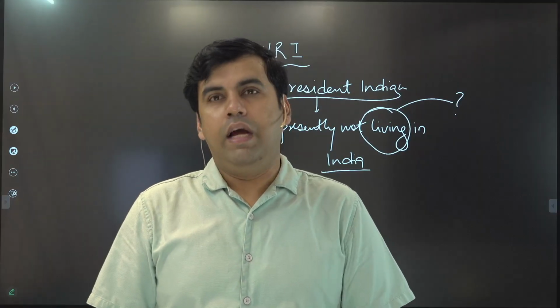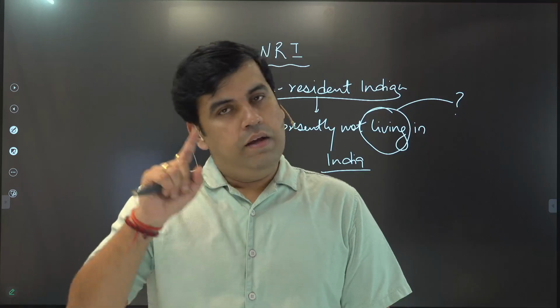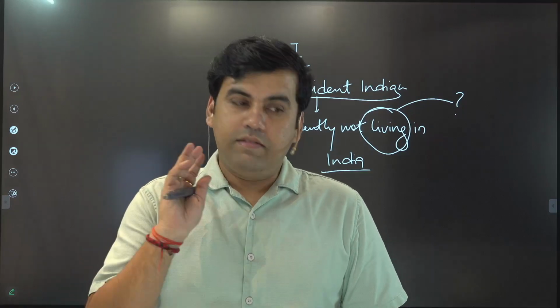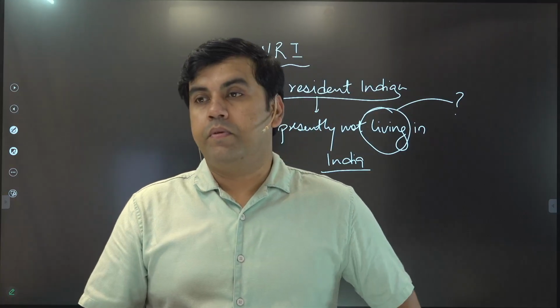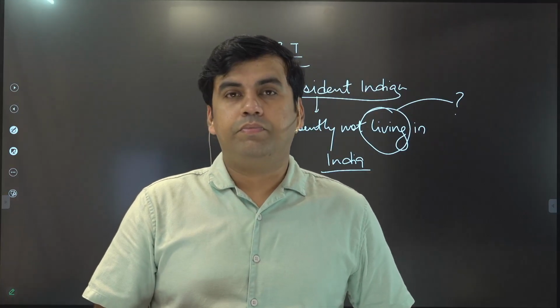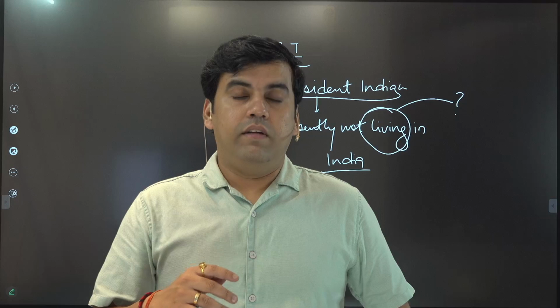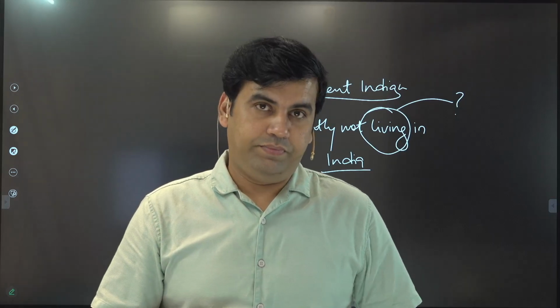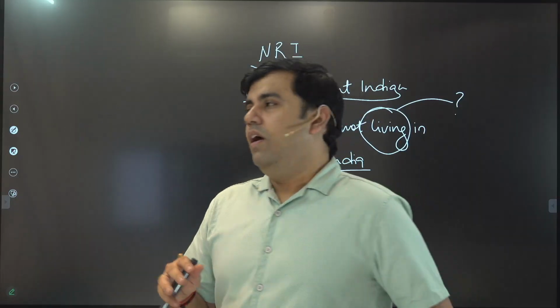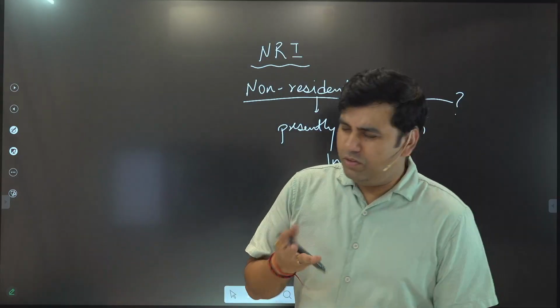Tourist, I'm talking about, in a single visa. Multiple visa entries are allowed, but in a single visa, what is the limit? Actually, there is no minimum limit, but there is a maximum limit, not more than 6 months. Although there is no tourist who will come for 6 months, obviously.